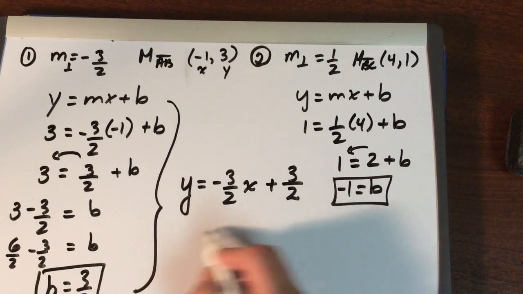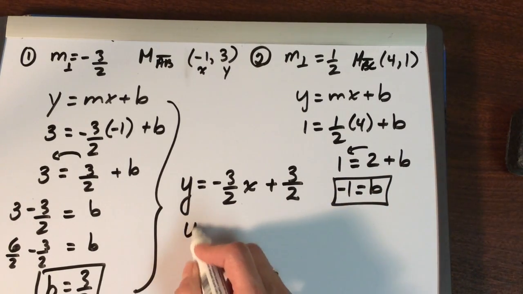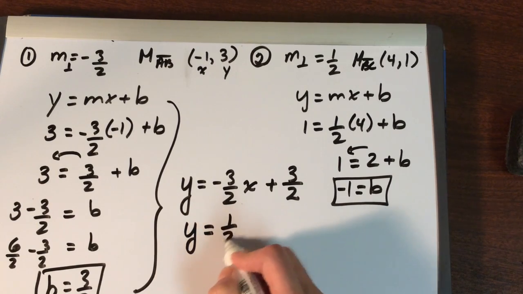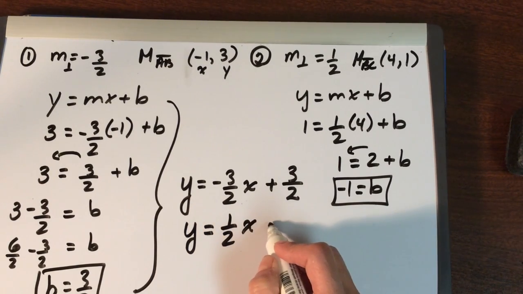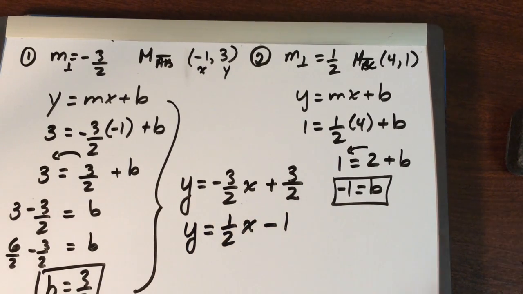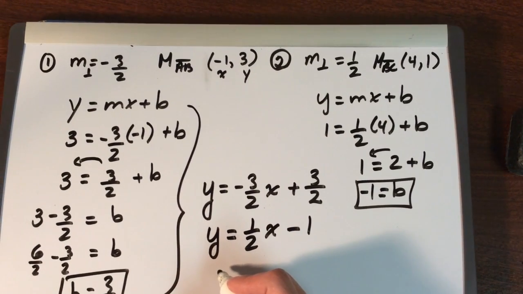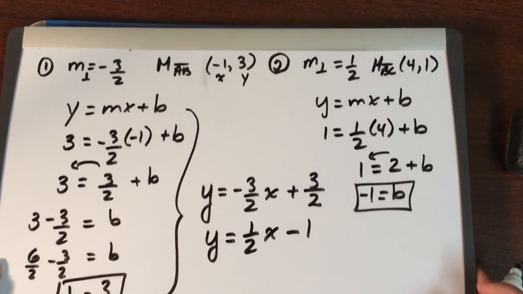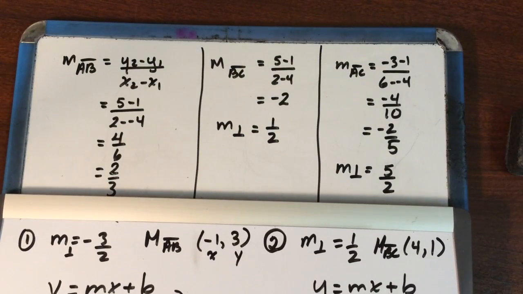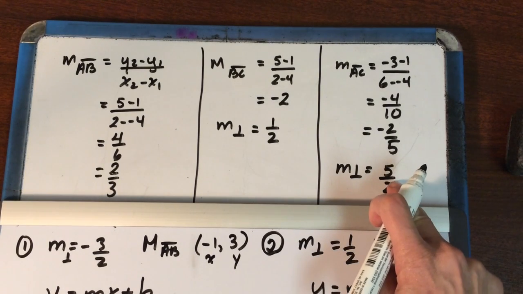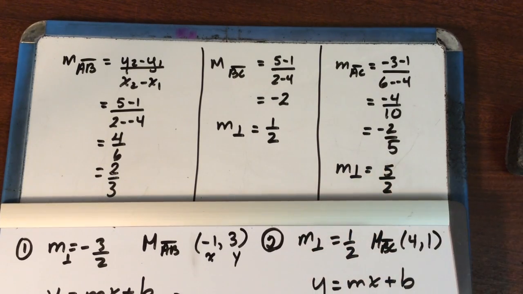And so the equation that I've created is y is equal to 1/2 x minus 1. And then I did it with the third one also, but I'll just give it to you. It's the same thing. You take the perpendicular slope, which for the last one was 5 over 2, which you can see right there. And the point that we used was 1, negative 1.